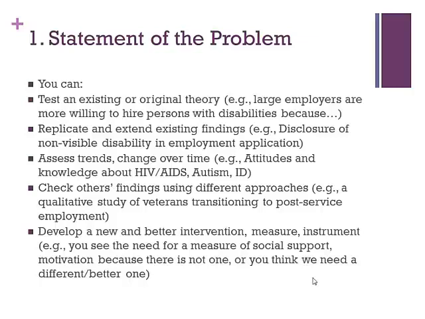Or you might be interested in measuring social support or motivation among people with autism or intellectual disabilities or something like that. And you're looking for an instrument and there isn't one that meets your need. So maybe you want to develop a new or better one. So there are a lot of things that you can do in coming up with a research problem.